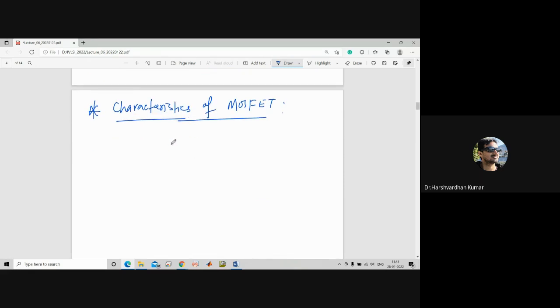So now we are going to talk about the characteristics of MOSFET. The first characteristic is known as input characteristics, or you can say transfer characteristics.